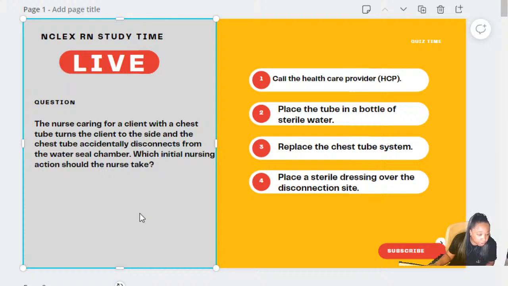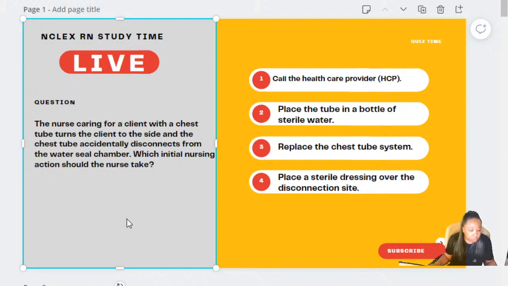The nurse caring for a client with a chest tube turns the client to the side and the chest tube accidentally disconnects from the water seal chamber.